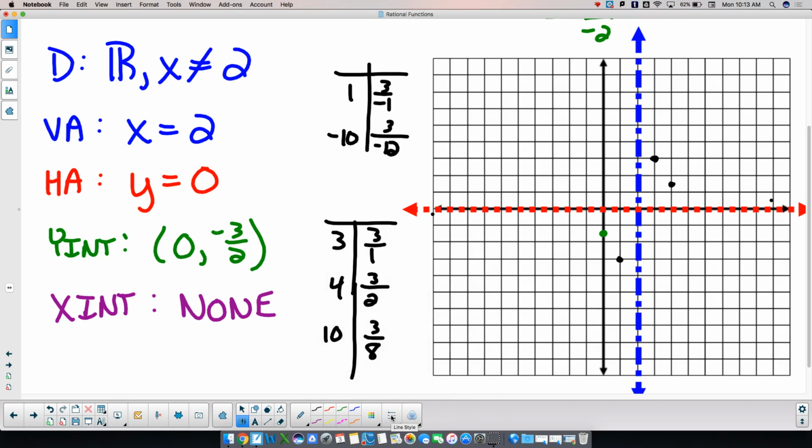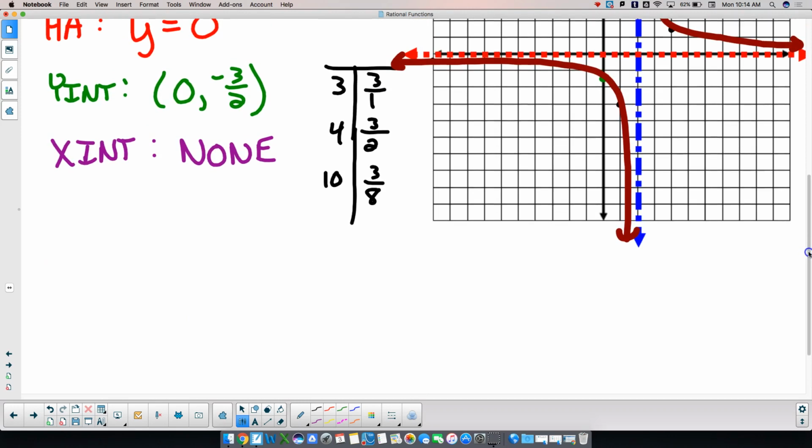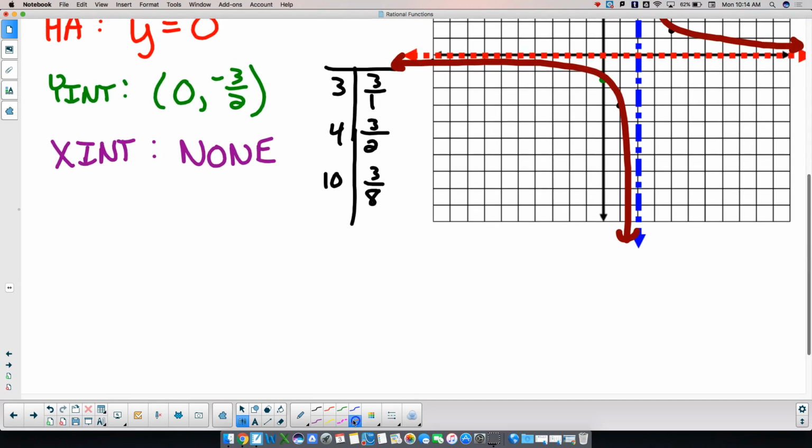That allows me to now draw in my function. And that allows me to give my end and asymptotal behavior.